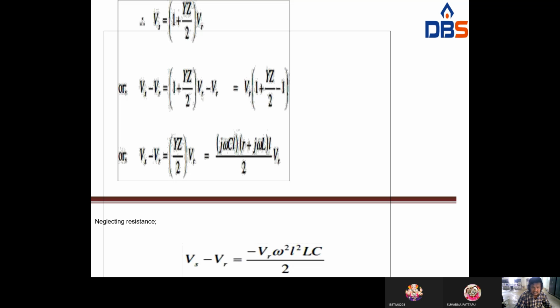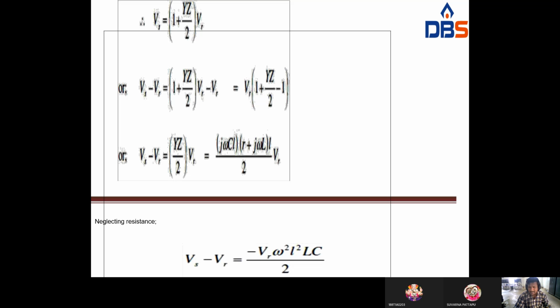Vs minus Vr is equal to (1 plus YZ by 2) Vr minus Vr. Here the first term has Vr and the second term also has Vr, so taking Vr as common: Vr into (1 plus YZ by 2 minus 1). The 1 cancels, leaving YZ by 2. Vs minus Vr is equal to YZ by 2 into Vr.